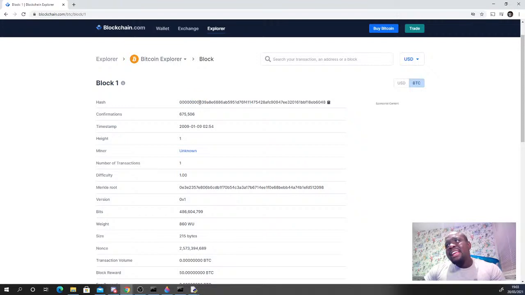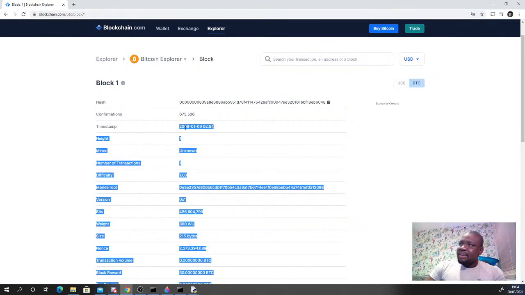The higher the zeros, that is exactly the difficulty. The higher the zeros, the harder it becomes for you to hash a value, because you can't predict it. You have to go through serials.